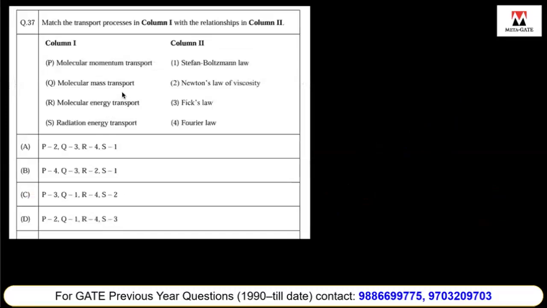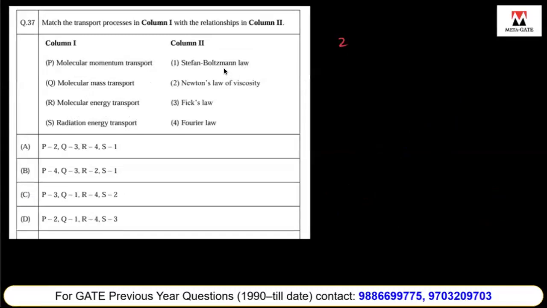Match the molecular momentum transport processes. A molecular momentum transport, molecular mass transport, molecular energy transport, and radiation. Molecular momentum transport refers to the transfer of momentum within a fluid. It's governed by Newton's law of viscosity, so it is 2.